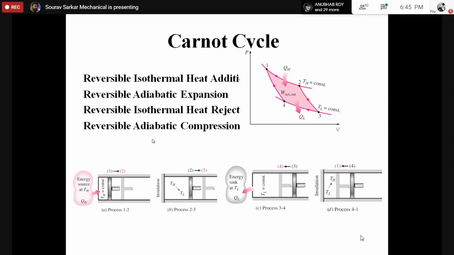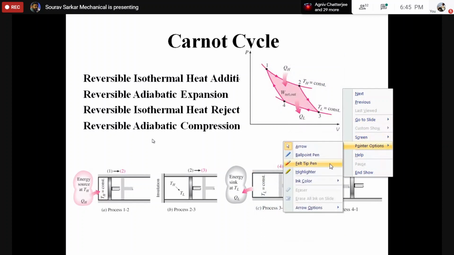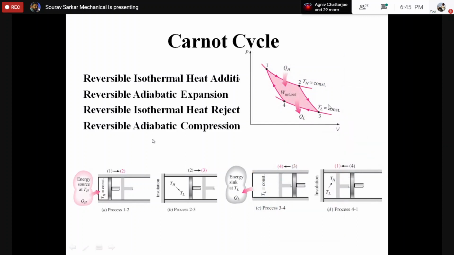So basically what is happening is, if I show you that this is the process, the first process is 1 to 2, this is the heat addition process, then this is the expansion. These two processes are essential because you need to convert heat into work.